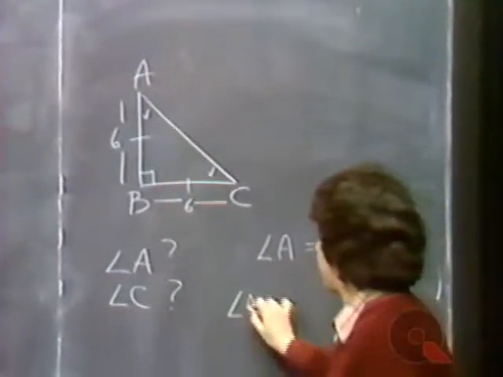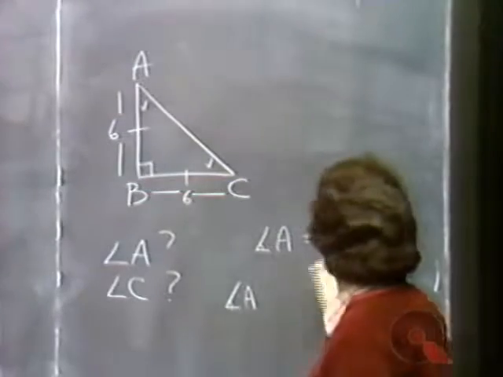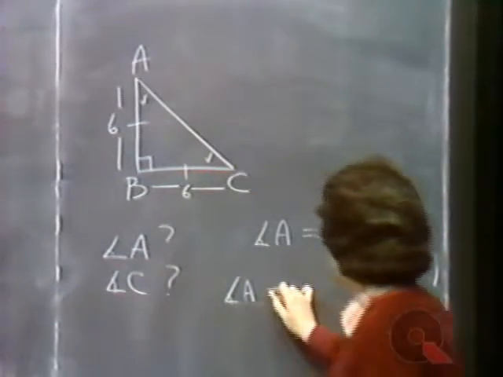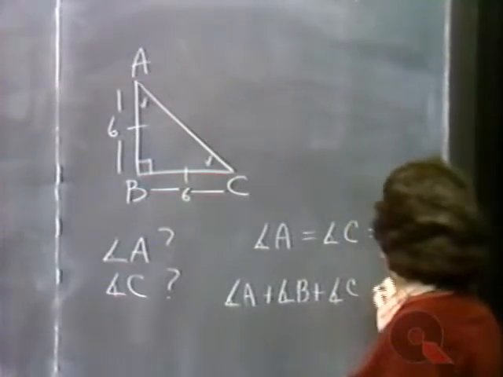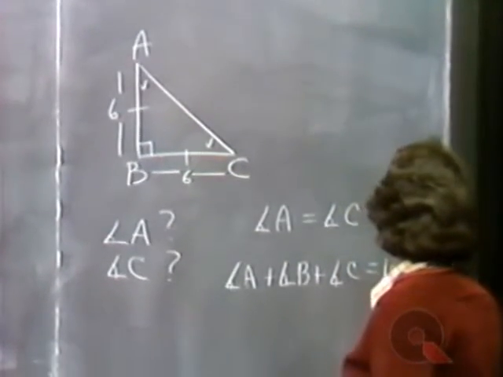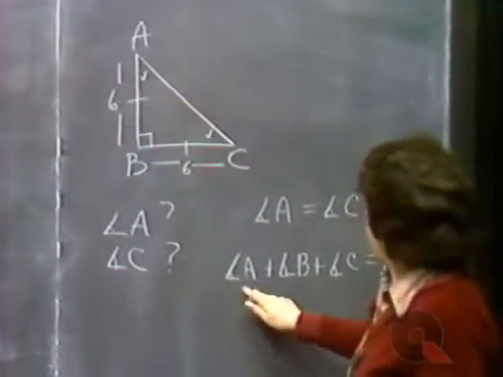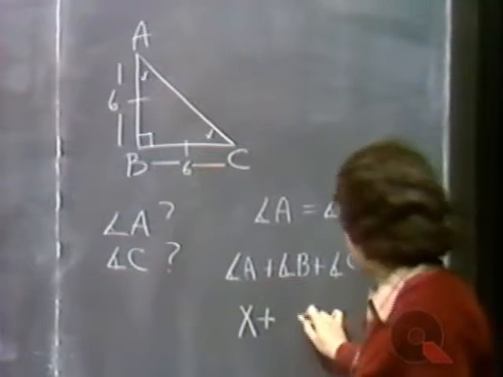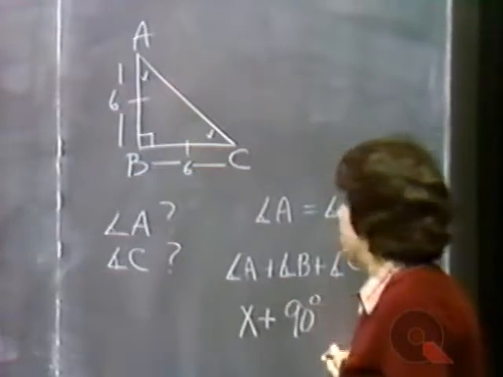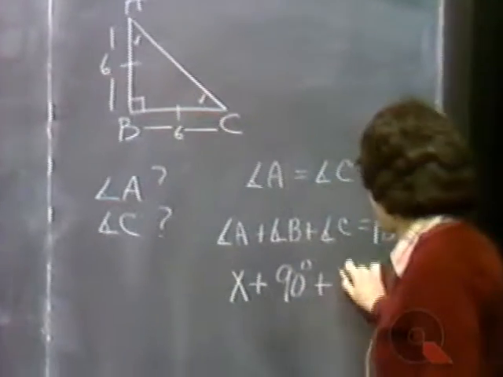Then angle A plus angle B plus angle C must be equal to 180 degrees. Angle A, we're saying, is x. Angle B is 90 degrees. Angle C is also x.